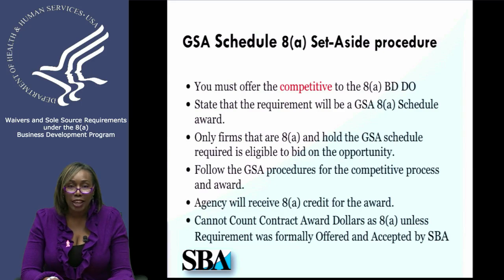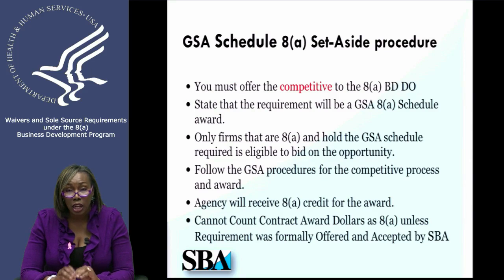Preparing your offering, just as we discussed earlier in my presentation. Only firms that are eligible 8(a) holders of the GSA schedule can be awarded a contract on a GSA federal supply schedule. That is very important to know.